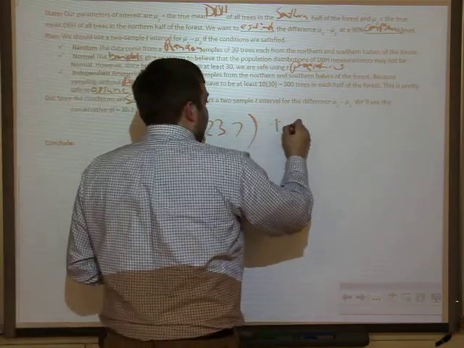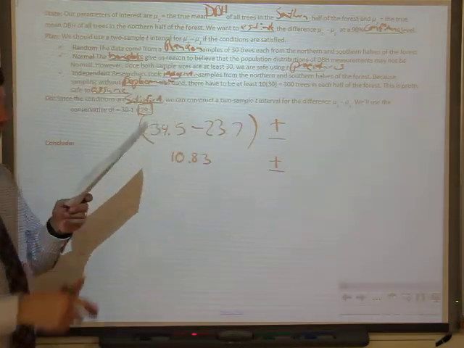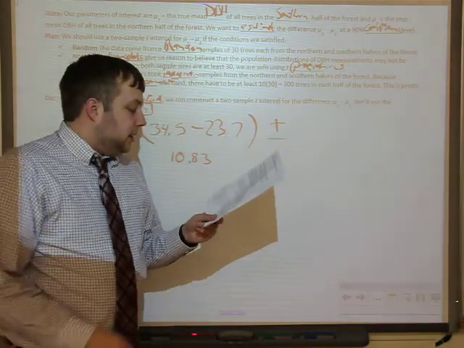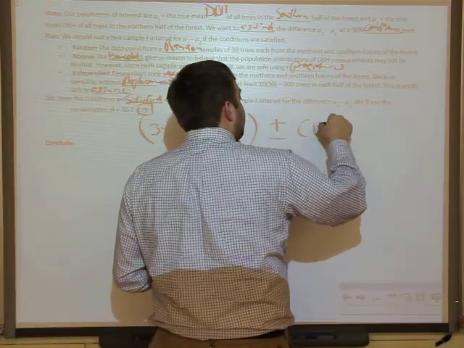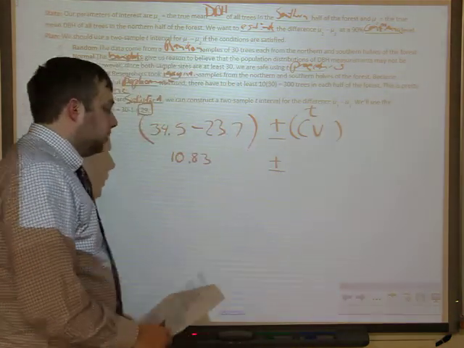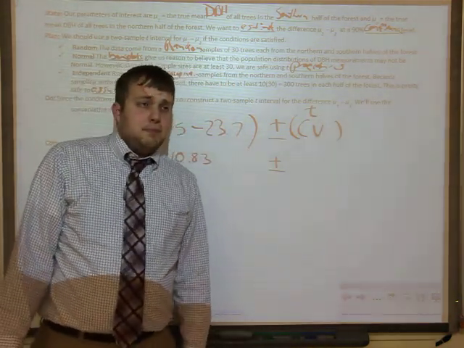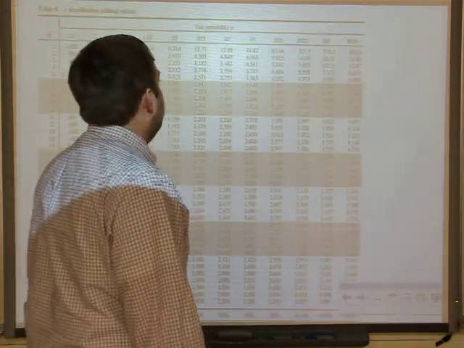Then I'm going to go plus or minus my critical value t-score. What is that going to be? By the beauty and magic of television, I have our t-score table here.